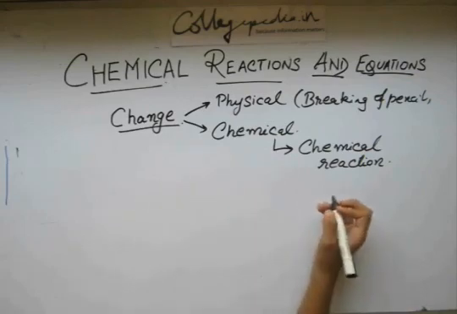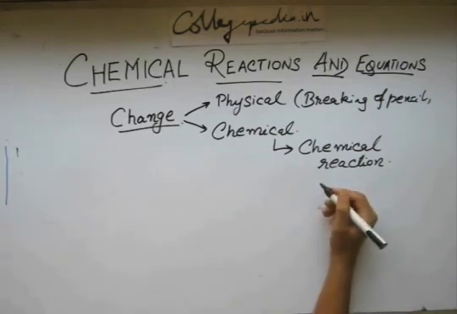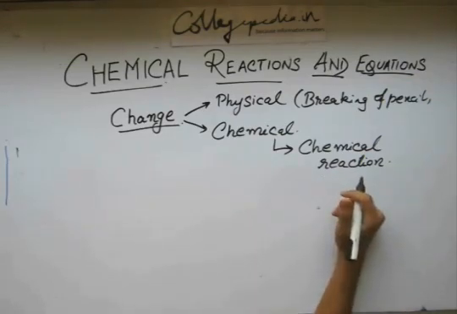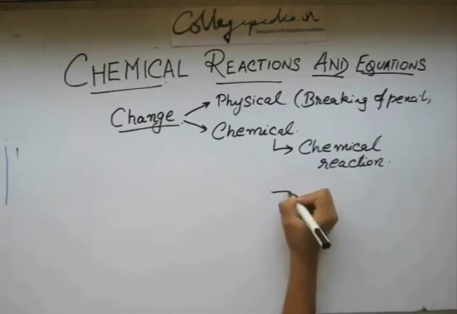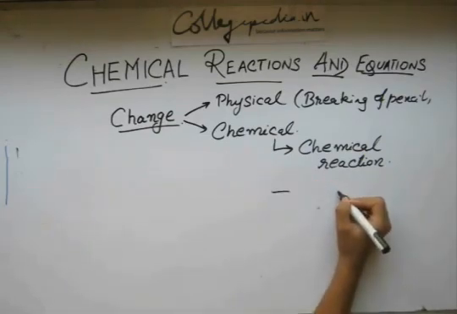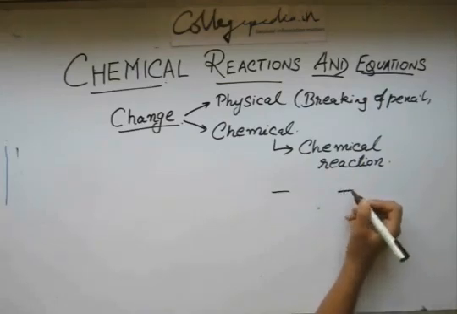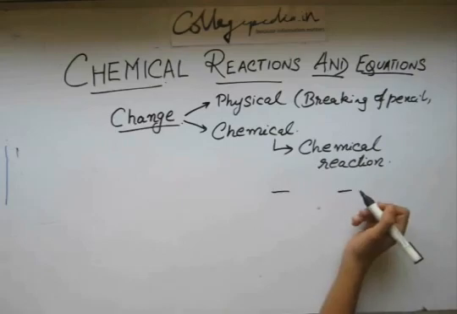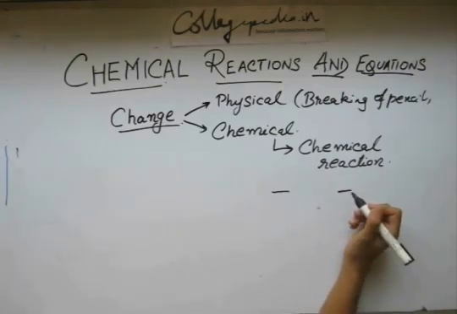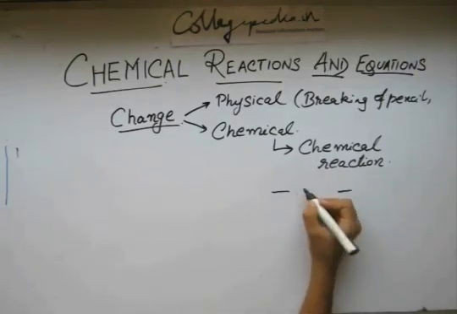And a chemical change can be like, suppose you burn a matchstick. So what happens? You burn the matchstick and the matchstick changes into its residue. So can you get back the matchstick from the residue? No. So we can say that a permanent chemical change has taken place.